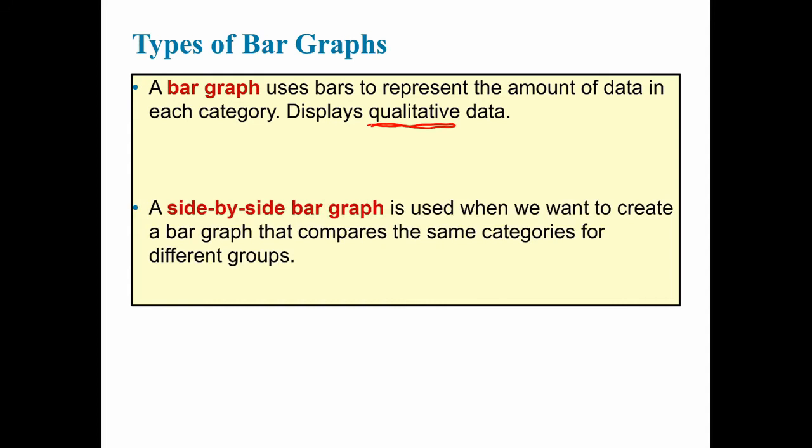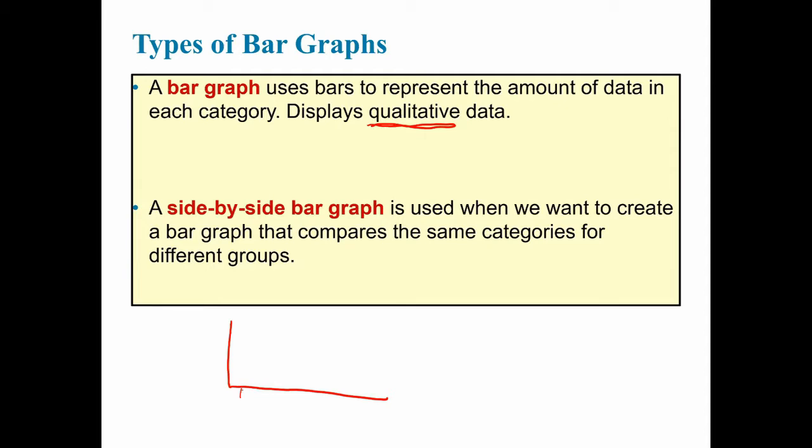A side-by-side bar graph, we're still talking about qualitative data, but then we're comparing the same categories for different groups. So for example, maybe I want to have a bar graph that tells me how many males and how many females were in each type of math class.